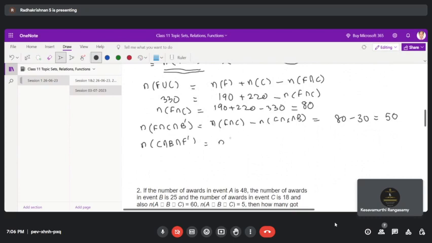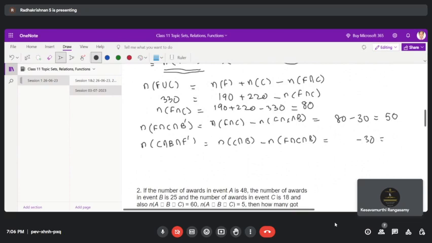Same way. Since we want only these two, C and B this time, we take the C intersection B minus, we exclude those with all the three.